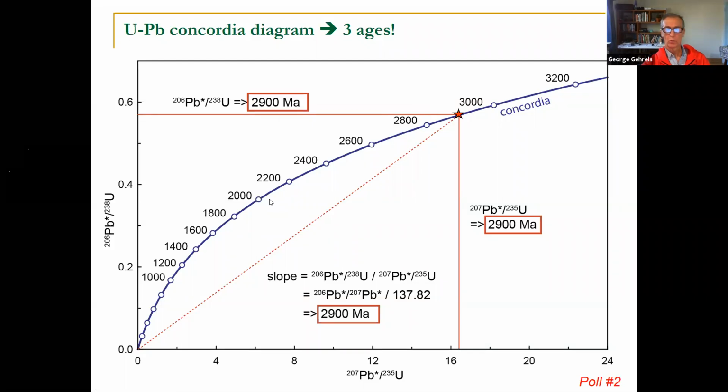So let's go to poll number 2, and here we go. So the question is, which are the 2 ages that you're going to use to determine the position on Concordia?